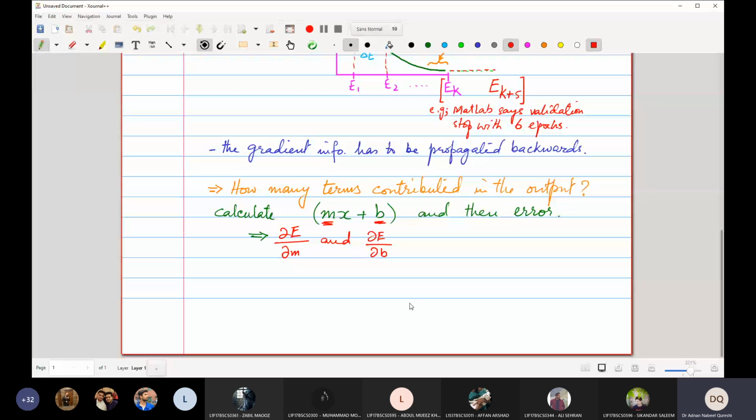If it is a straightforward single equation, then you do not need this.